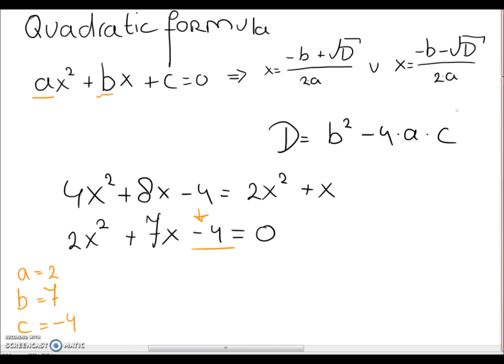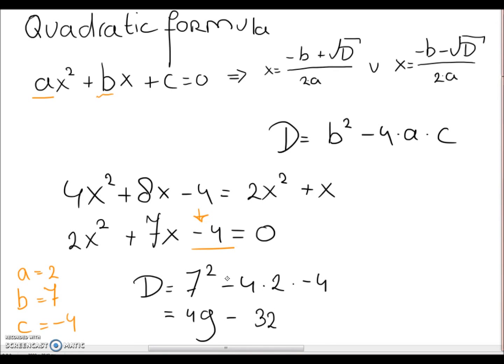So first we calculate the discriminant. That is b squared, so in our case 7 squared, minus 4 times a, 2, times c, which in our case is negative 4. So that is equal to 49 minus 4 times 2 times 4, so that's 32.